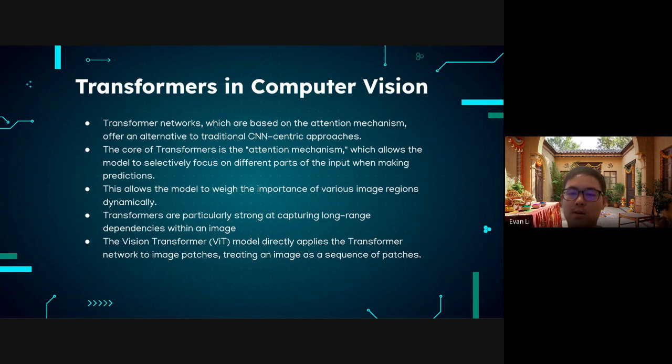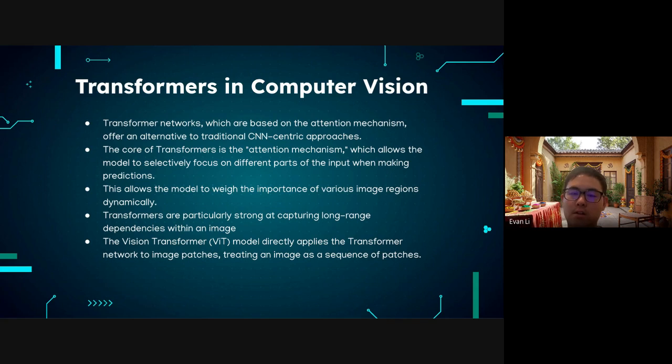One of the key strengths of transformer networks and a significant advantage over traditional CNNs is their ability to excel at capturing long-range dependencies within an image. CNNs, with their inherent local receptive fields, can sometimes struggle to model relationships between distant parts of an image effectively.